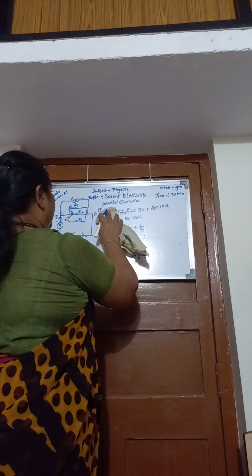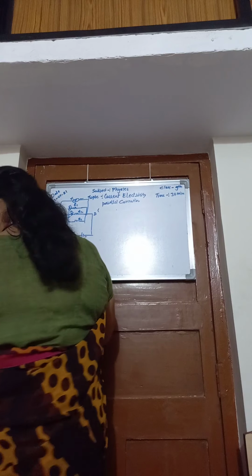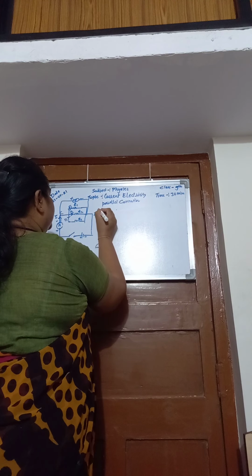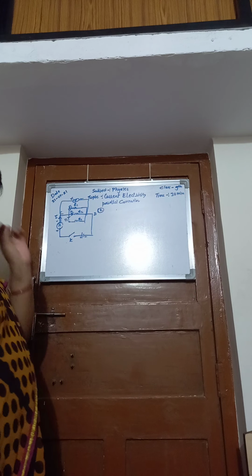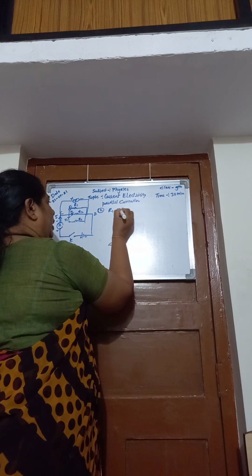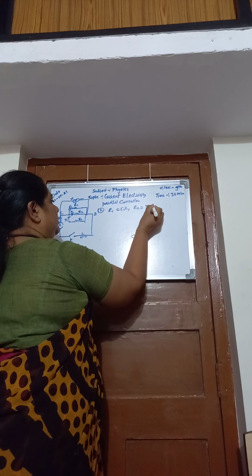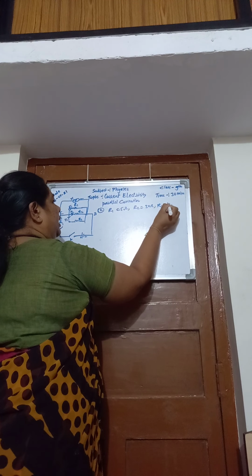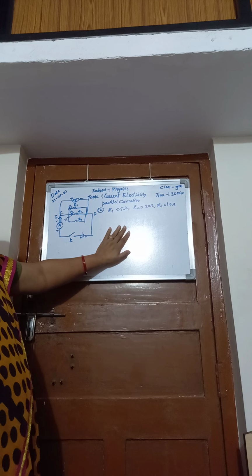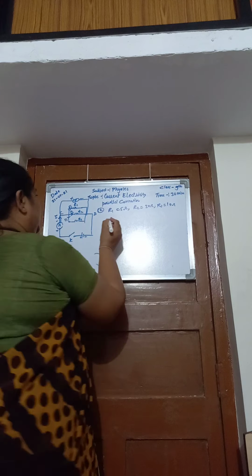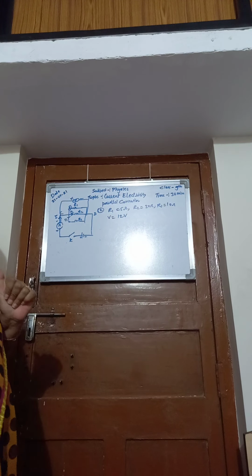Then the second problem. The second problem is R1 equal to 5 ohm, R2 equal to 30 ohm and R3 equal to 10 ohm. Write this down, and the voltage across it is V equal to 12 volt.